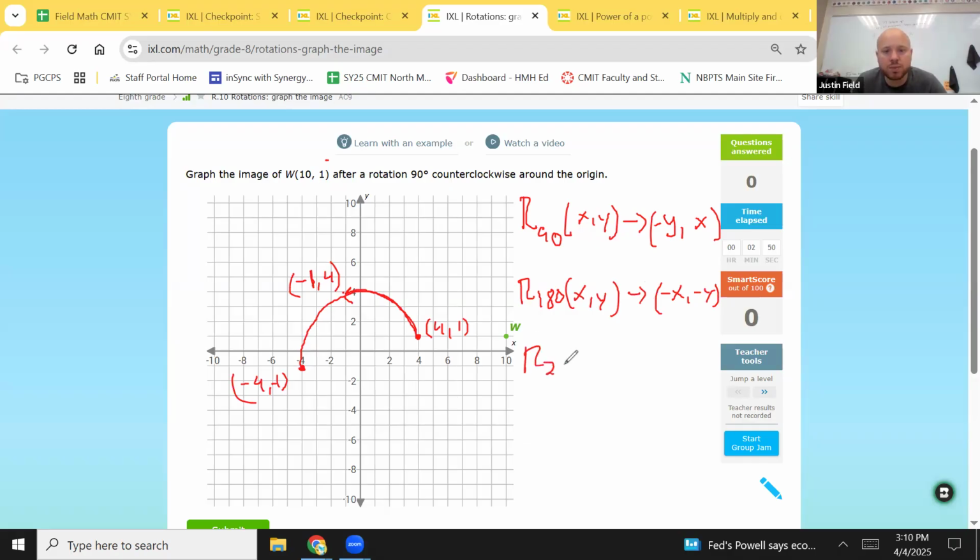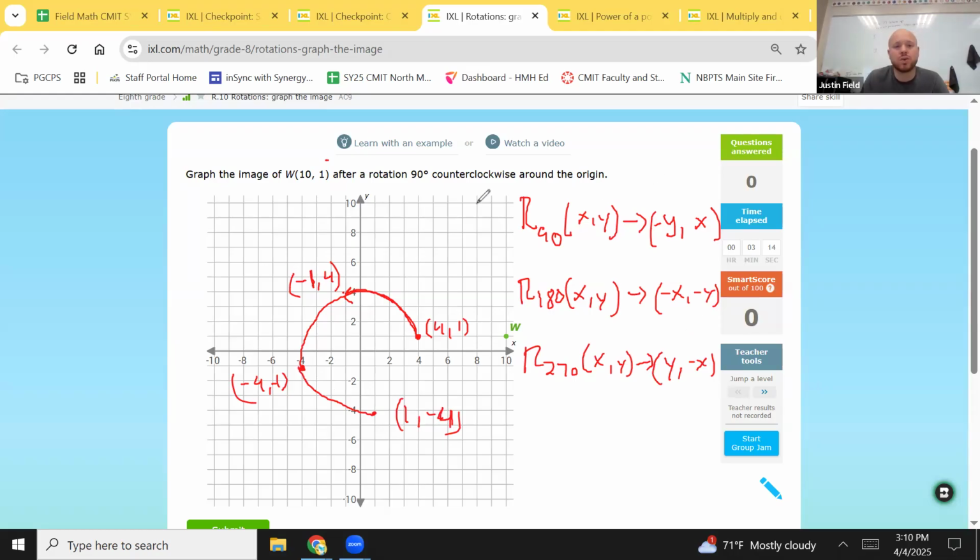Another multiple of 90 is 270. And what happens there? Now we are 3/4 of a circle, and we're right there at positive 1, but negative 4. So they switch spots like they did with 90, but this time the x is negative.